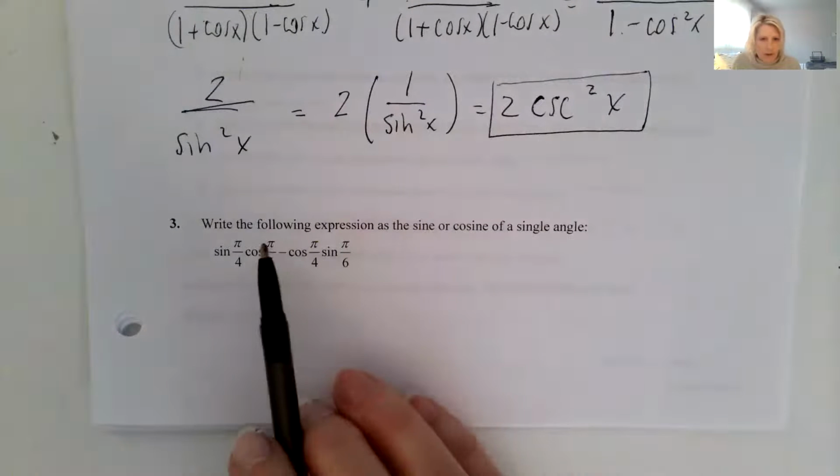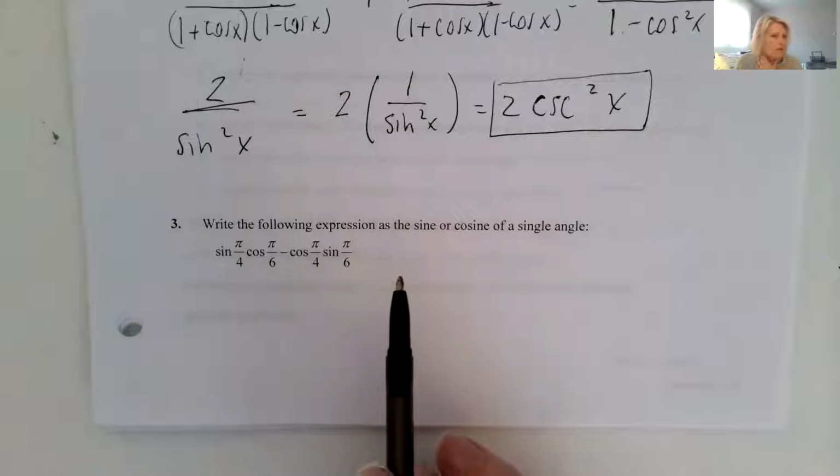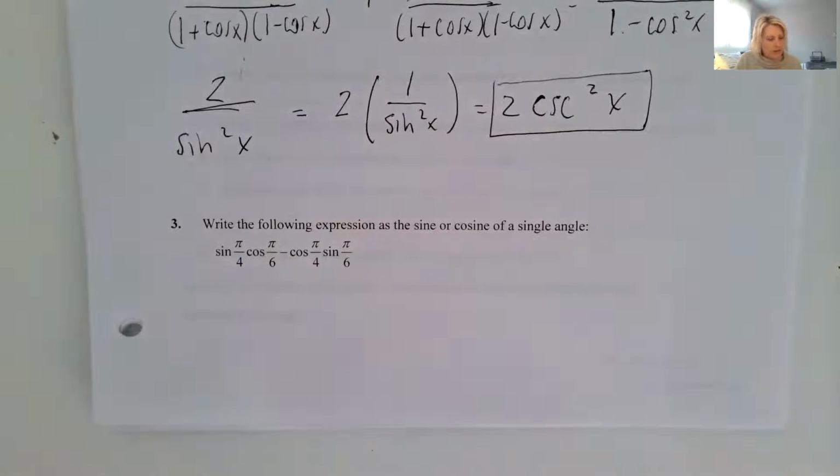Then number 3 is asking us to write the following expression as the sine or cosine of a single angle. So this looks like the difference of angles, the difference of sine angles.